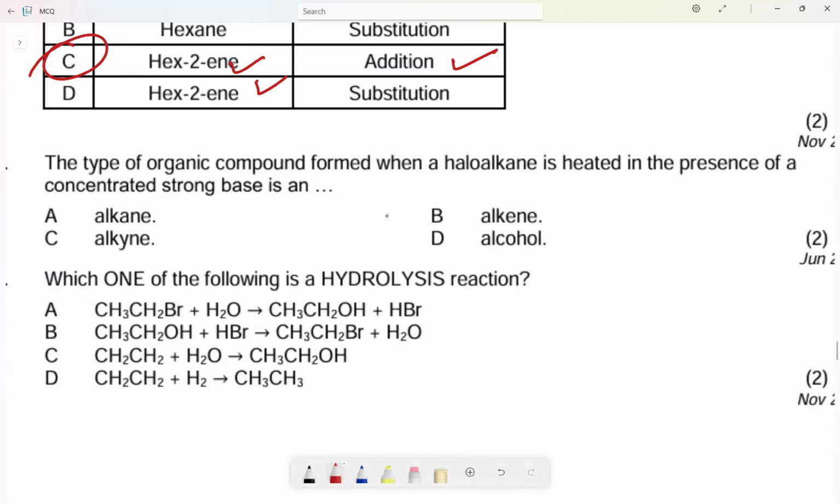The type of organic compound formed when a haloalkane is heated in the presence of concentrated strong base. Remember a strong base, concentrated.